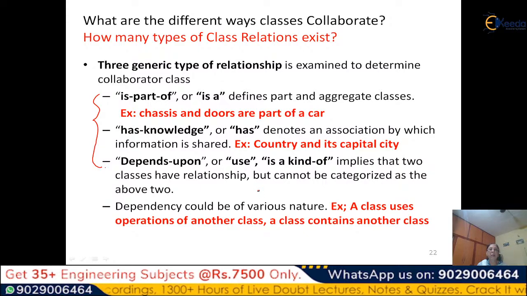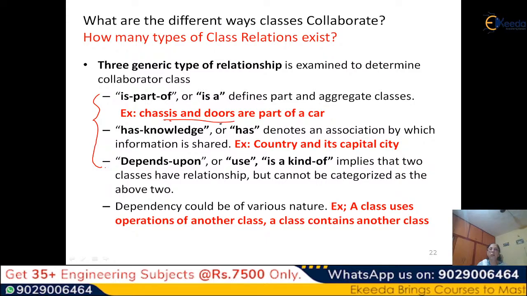We'll look at it today generally. But if somebody asks you how many types of class relations exist, you can immediately answer this, and you can give some example. Normally whenever these questions are asked, you are asked to give an example, or somebody will give you chassis and doors and ask you what kind of relation it is.